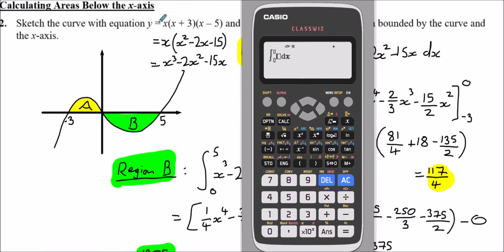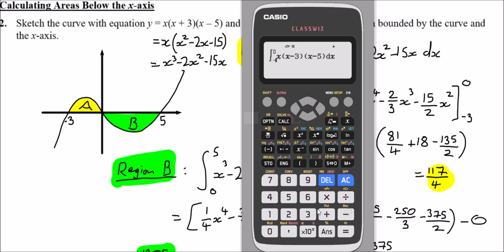This function is x, brackets, x minus 3, close brackets, new bracket, x minus 5. Type in the function exactly as it appears in the question if you can, and do this between the two separate limits. Just bear in mind, if you try between minus 3 and 5, it'll merge a positive area and a negative area together. I'll show you what will happen.